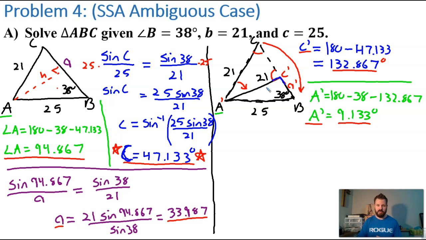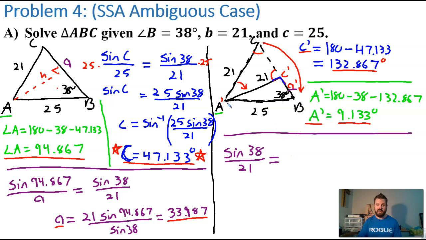This angle got bigger, therefore the other angle had to get smaller. And then we'll finish it off by finding the little a prime the same way we did over here, just using that new angle A. So again, I can say sine of 38 over 21. That's the original B's I was given. Those haven't changed.